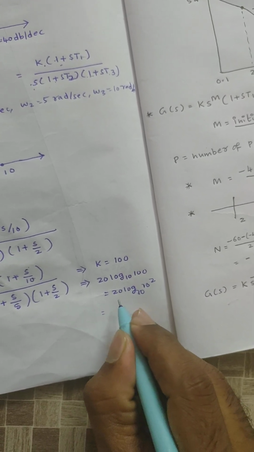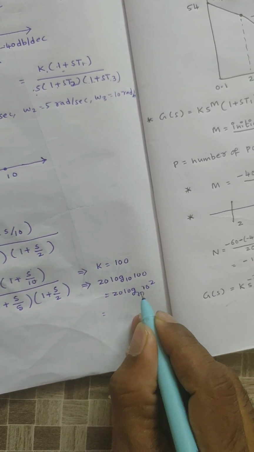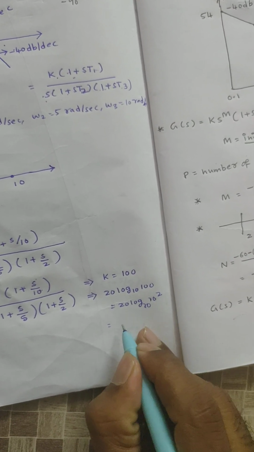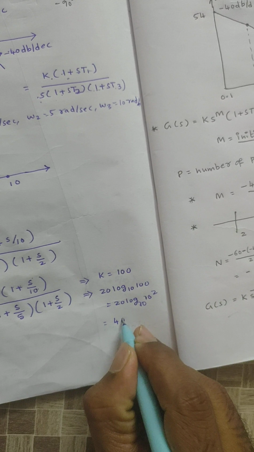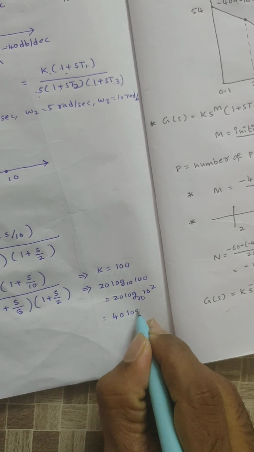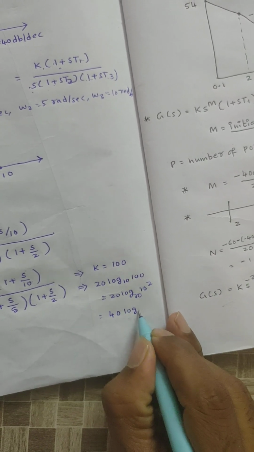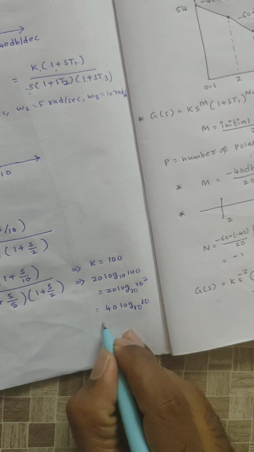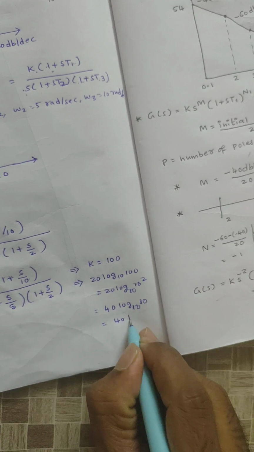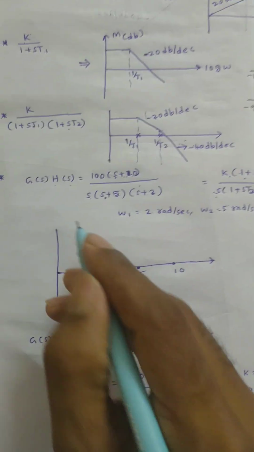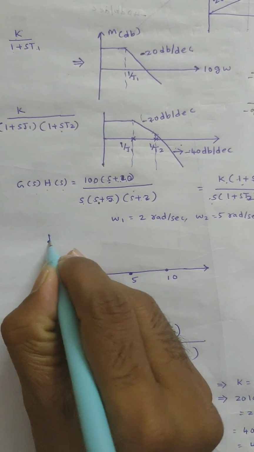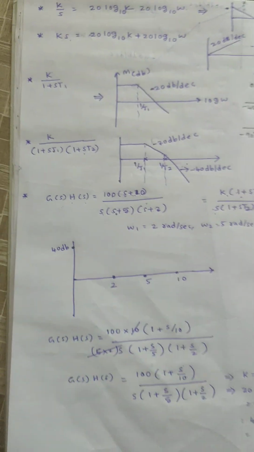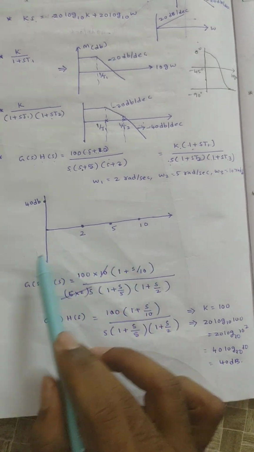Then 40 log 10, and log 10 value will be 1, so 40 dB. That means this slope starts at 40 dB, this constant value. For that purpose only we are doing all this procedure.